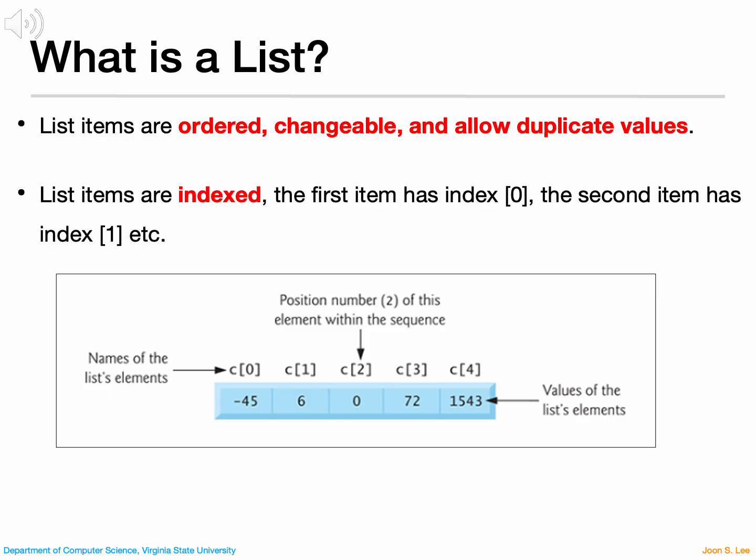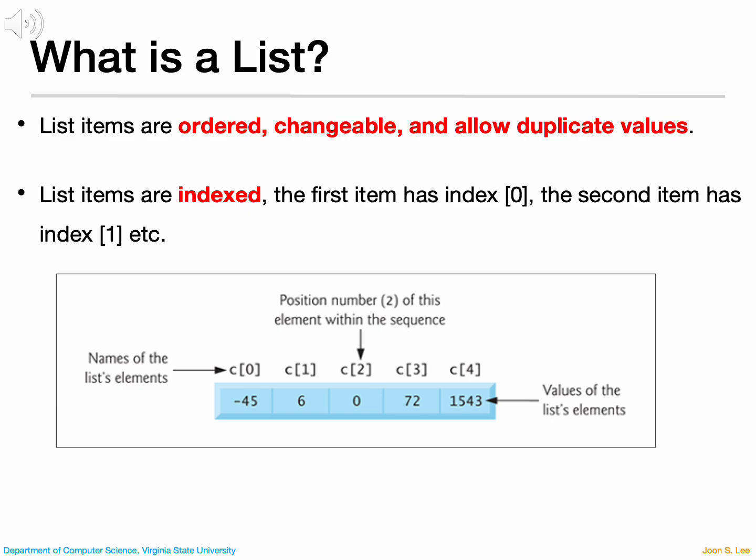Now, one of the most important things to understand is that list items are indexed. That means every item in a list has a position number. We call that its index. The first item always has index 0, the second item has index 1, and so on. You can see that illustrated in the diagram.